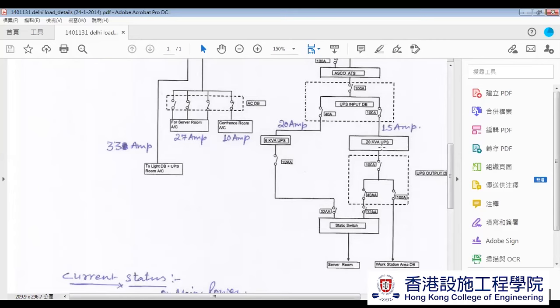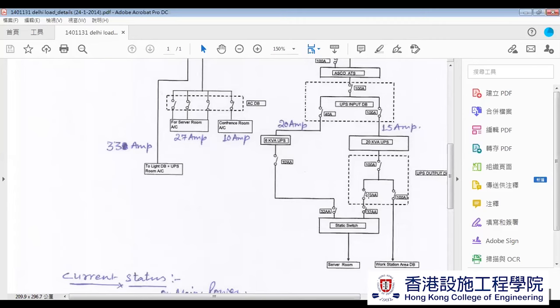From there, this 20 kVA UPS also goes to the output of a 100 amp isolator, and then provides to these two circuits. One goes to the workstation area, which means some computers may use UPS supply. In case there's no power supply, the UPS can still provide power to these computers, likely for those managers or security people's computers, or some bank, they may have some UPS supply.